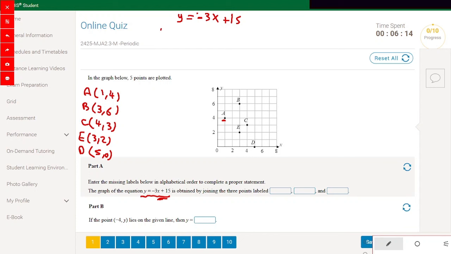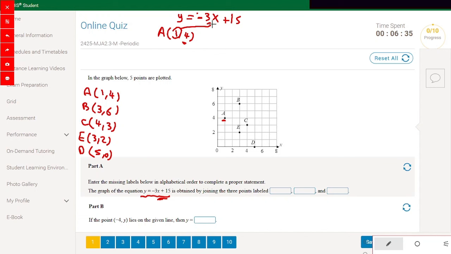Now let's see point A. Point A, x is 1 and y is 4. So here I will substitute 1 for x and see the result. If the result equals 4, that means A is a solution for this equation.